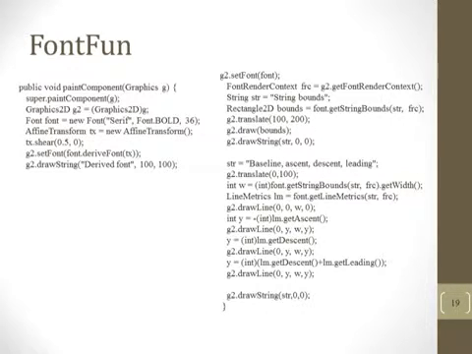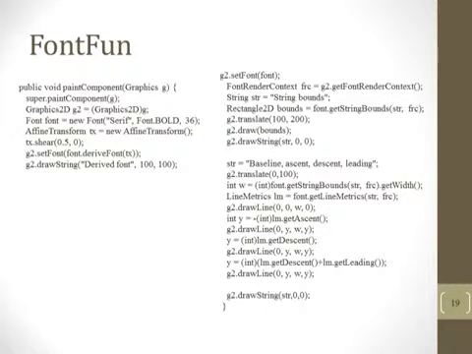Then a new font is derived, as I said, in 36 point bold serif font with the transformation. The derived font is slanted to the left because of the shear transform. Then the text string, which is a derived font, is drawn using the derived font.